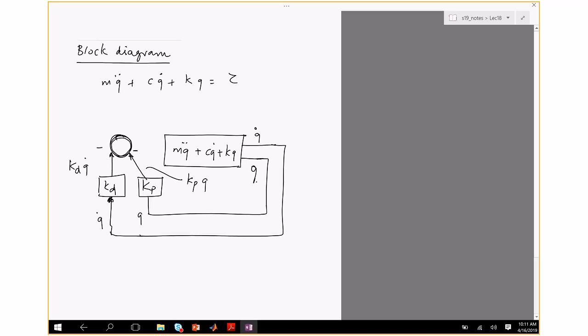In this case, it's negative feedback, so I put a negative sign, and that goes back to the input. This is basically torque. So the torque here is the sum, but it's really negative: negative KD Q dot, which is this, and negative KP Q, which comes from here.